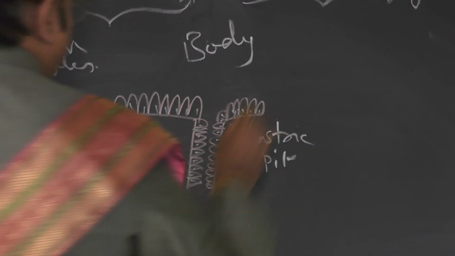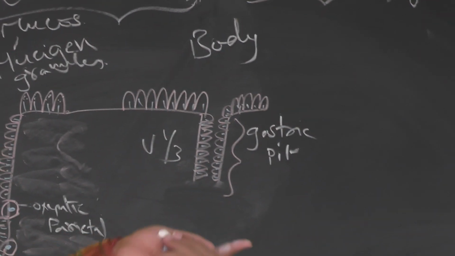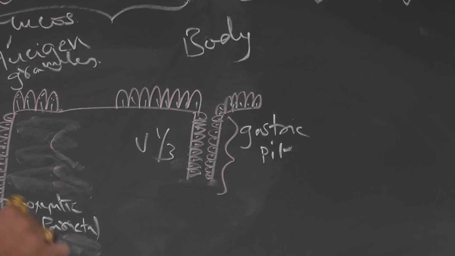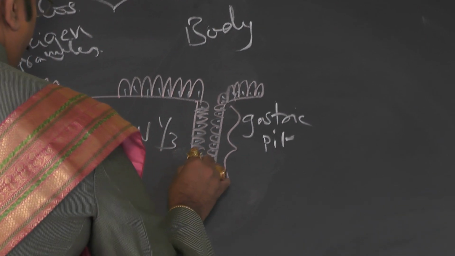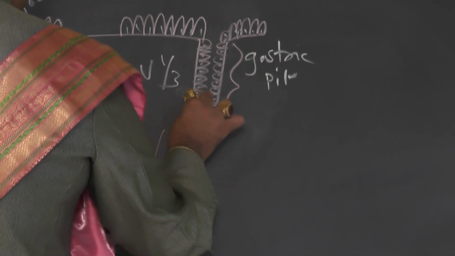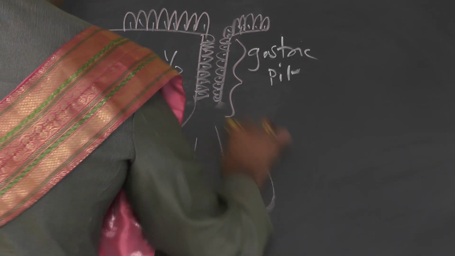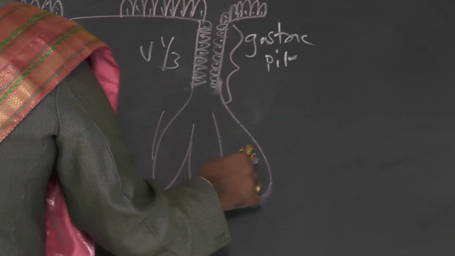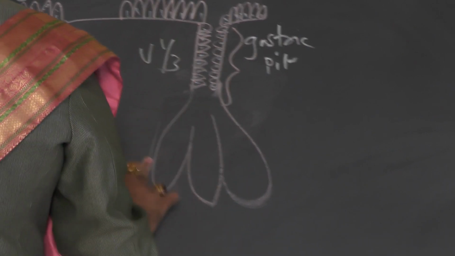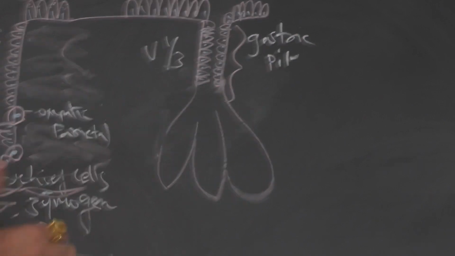How deep is it dipping? Just the upper 1/3. And the lower portion here shows the glands. These are the gastric glands which we are trying to see. So 1, 2, 3 glands are opening into the one gastric pit.